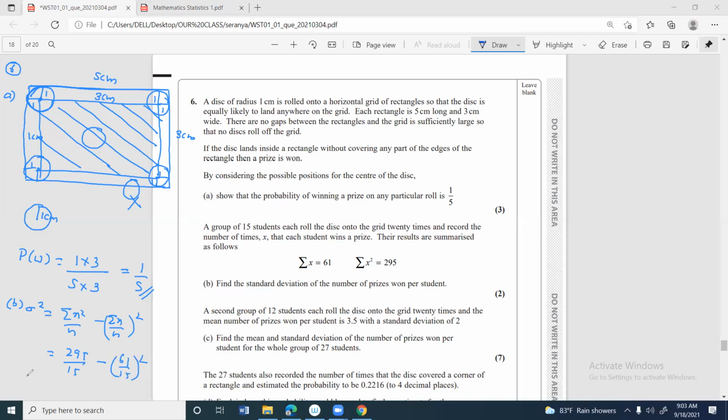That should be the value of sigma squared. You get the answer as 3.1288. Therefore, the standard deviation is the square root of that, 3.1288, which according to this is 1.77.